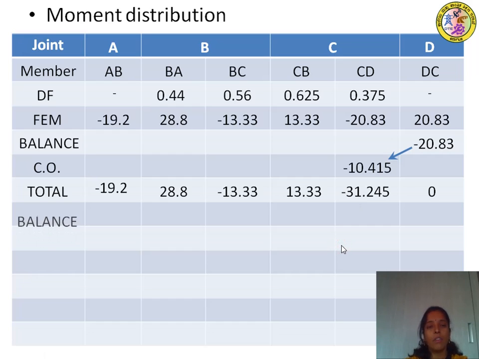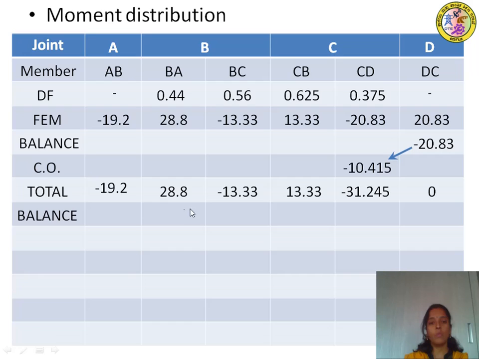So next we will balance joint B and joint C. The imbalancing moment at joint B will be 28.8 minus 13.33, that will be equal to 15.47 plus. So 15.47 is the imbalancing moment at joint B. To balance it we have to apply minus 15.47.